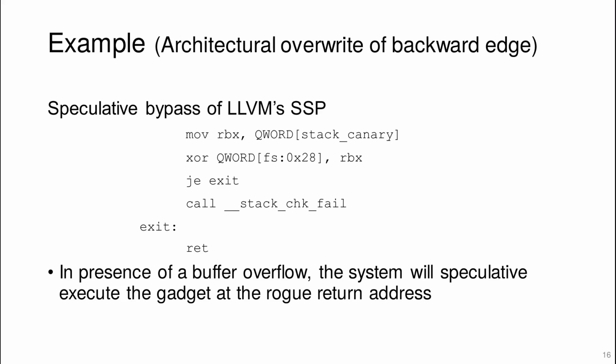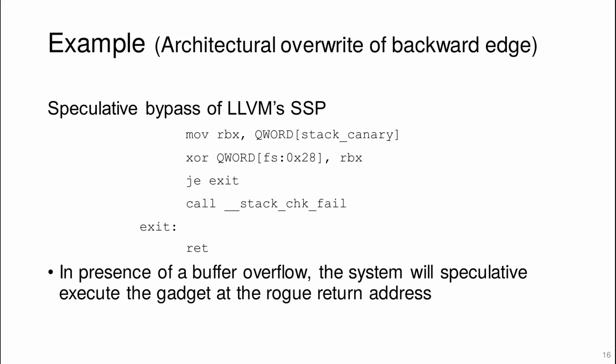The case of architectural overwrites of a backward edge happens when you have a classic buffer overflow and a program that is compiled with stack smashing protection. By definition, the buffer overflow will not be exploitable in the classical memory safety sense.